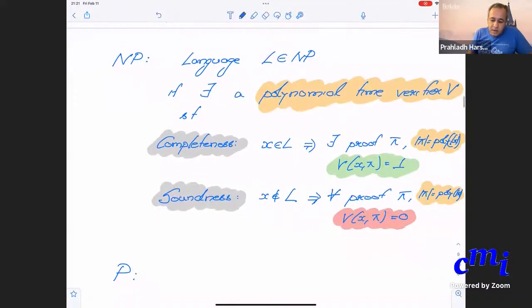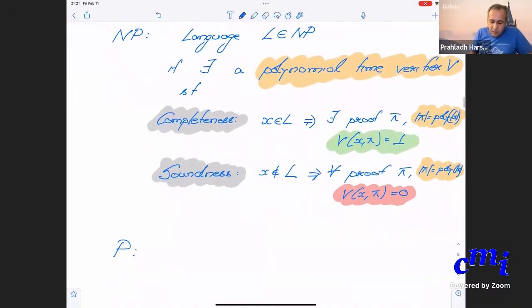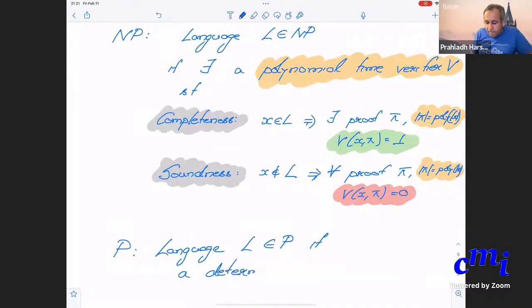And P is similarly defined: languages in P. This is not how P is usually defined. Language L is in P if a deterministic polynomial time verifier can come up with the proof, can produce the proof.